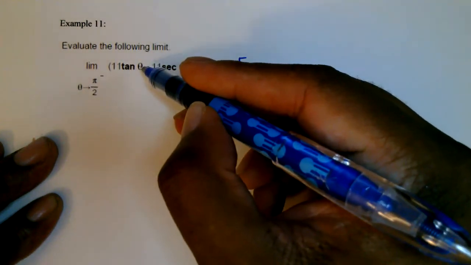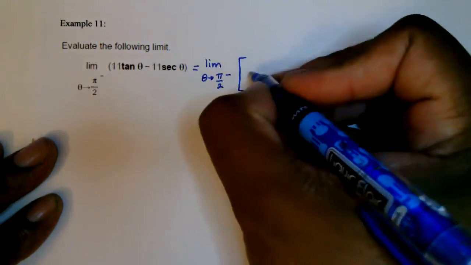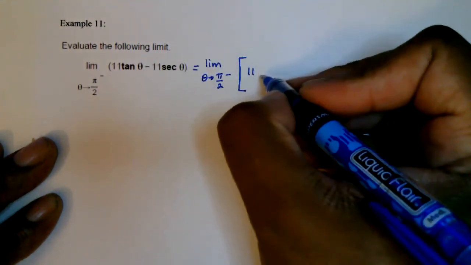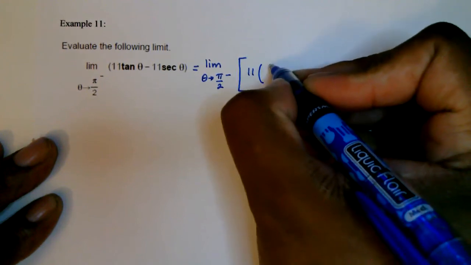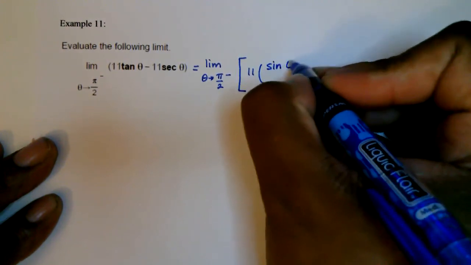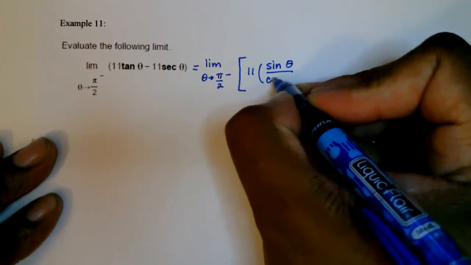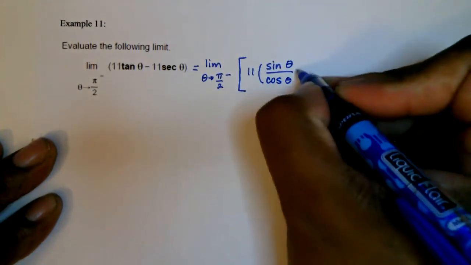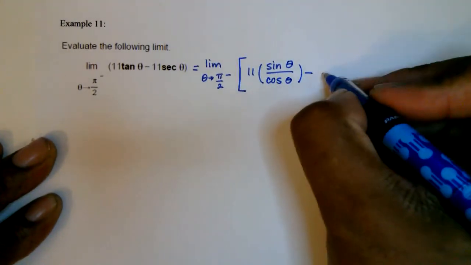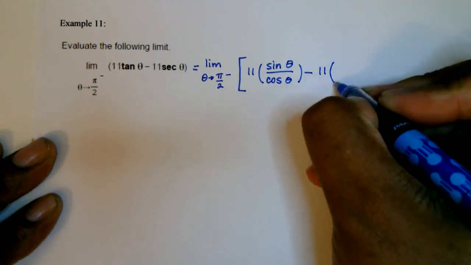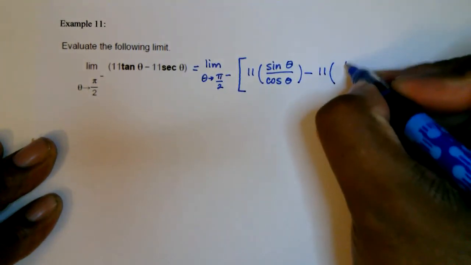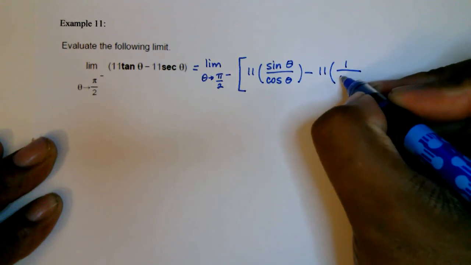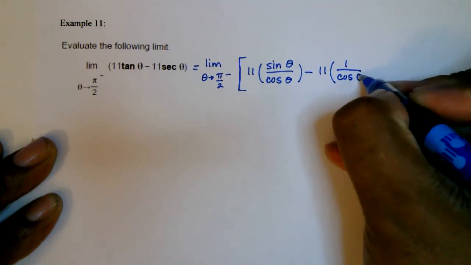I'm going to write that as sine theta over cosine theta. That's one of our reciprocal identities here. So I have 11 times sine theta divided by cosine theta minus 11 times. Now, secant of theta is a reciprocal identity. That's going to be one over the cosine of theta.